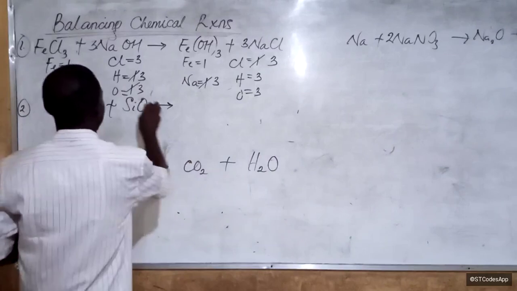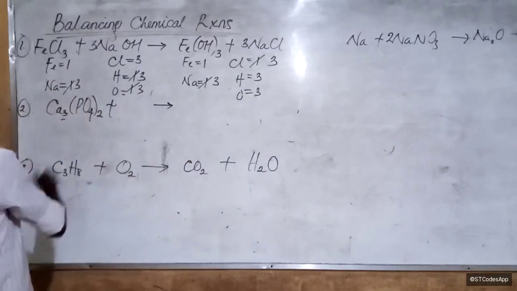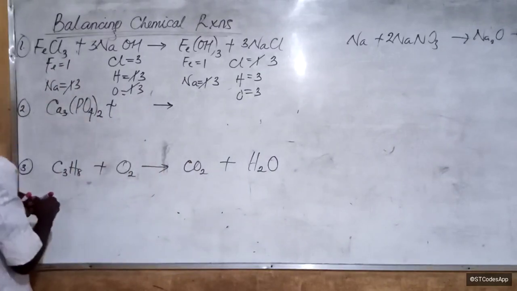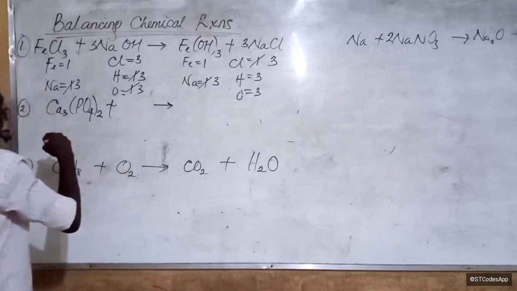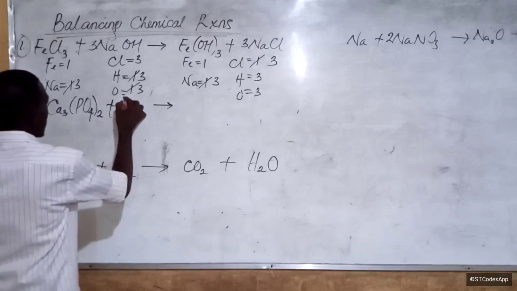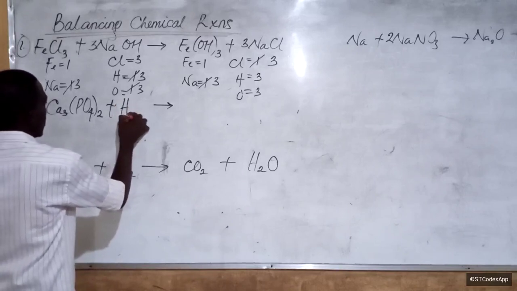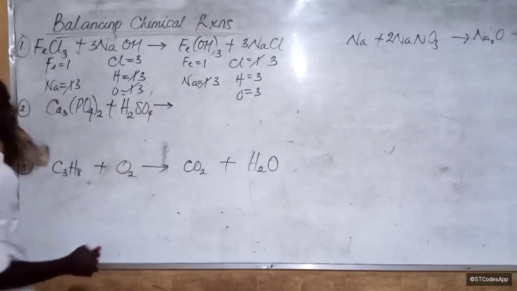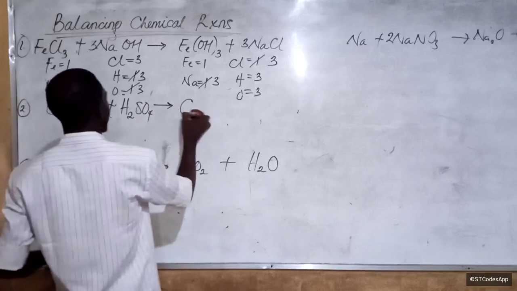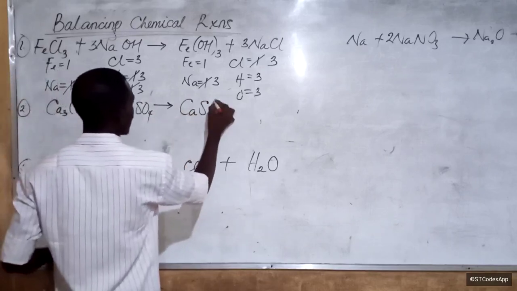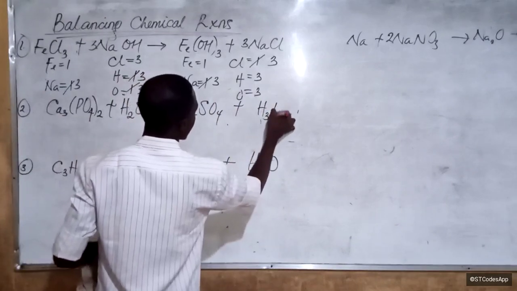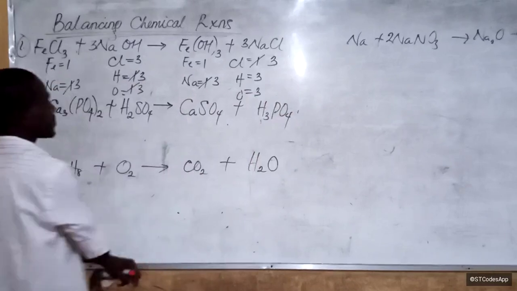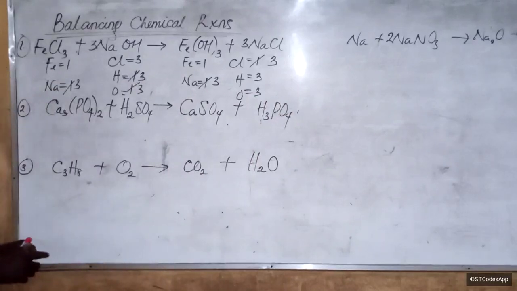So let's say this guy was reacting with H2SO4, for example. So what would happen is we have CaSO4 plus H3PO4.